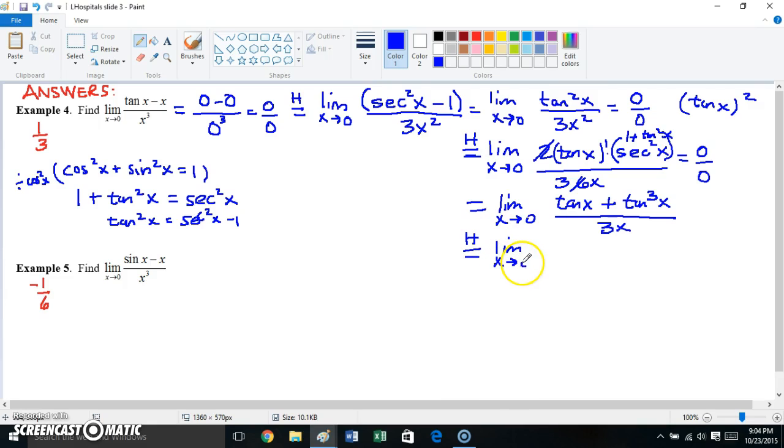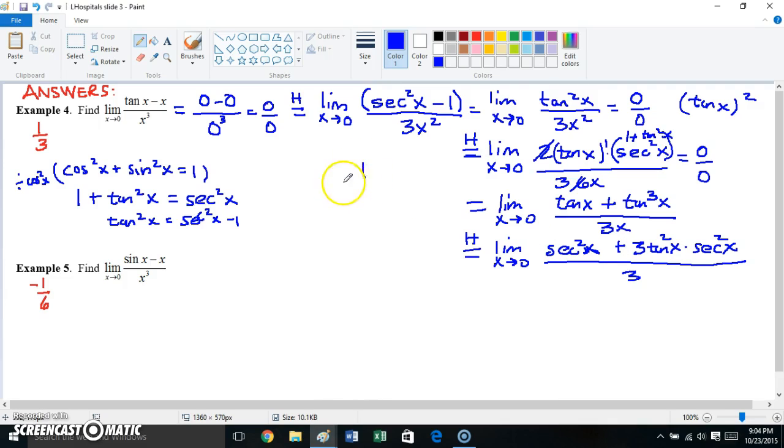So the limit as x approaches 0 of secant squared of x plus 3 tangent squared of x times secant squared of x over 3. Okay, so it's looking better in the denominator. And in the numerator, I need to remember what is the secant of 0.